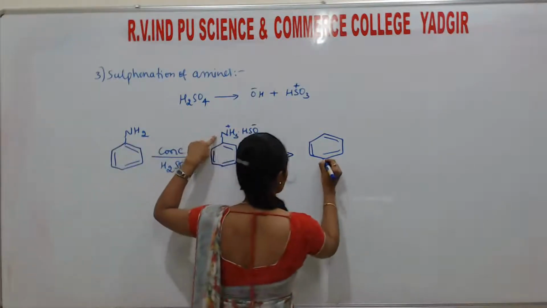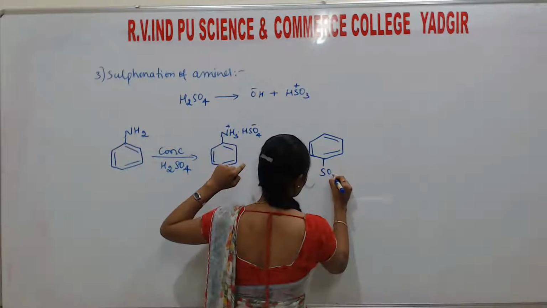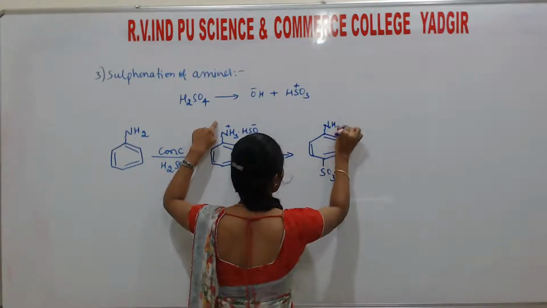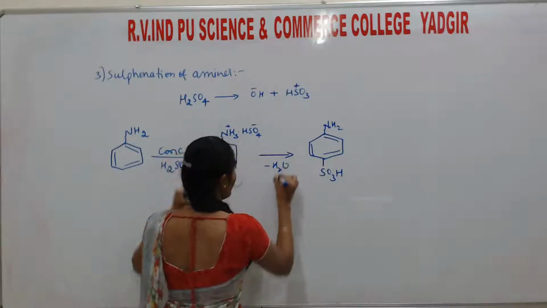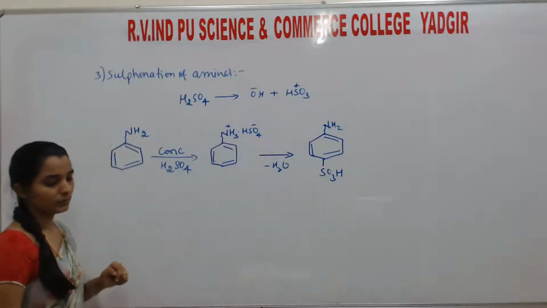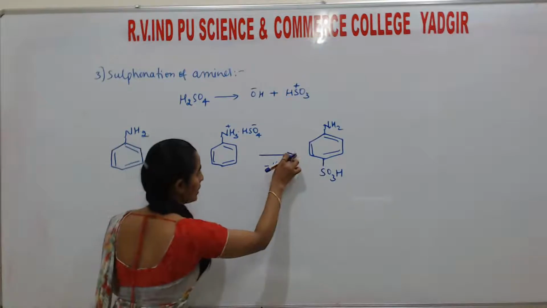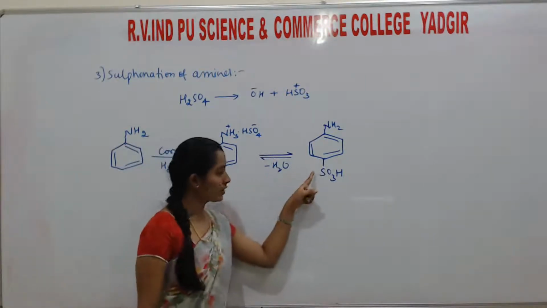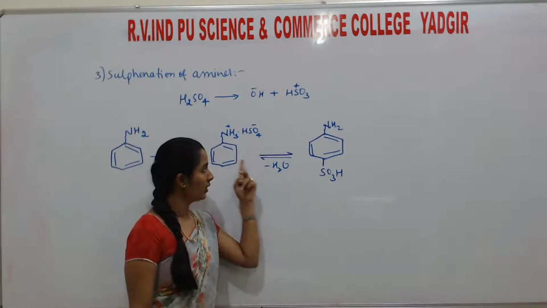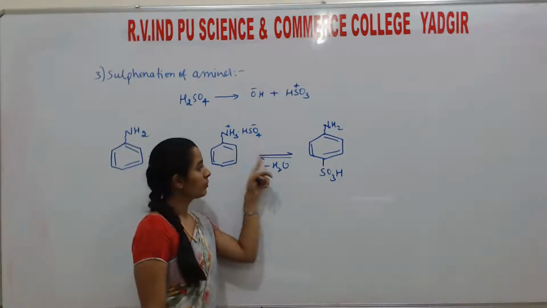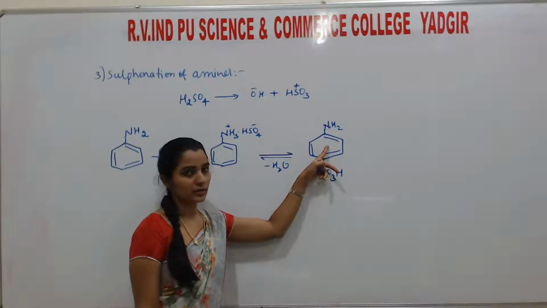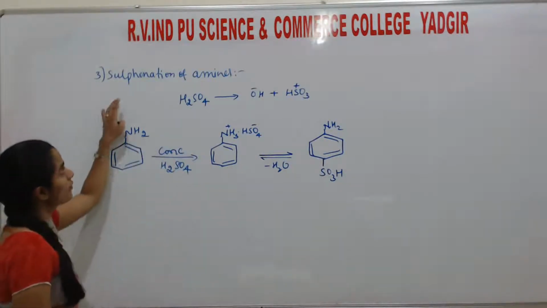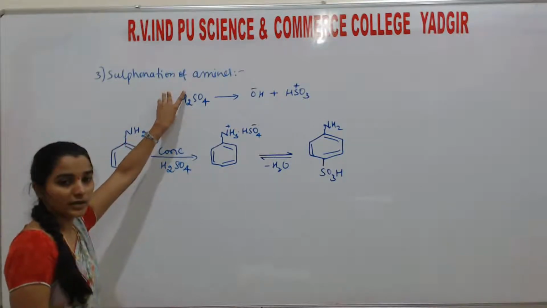So listen, this one is SO3H and this one is NH2, by the removal of the water molecule. This may be a reversible reaction. If we add water, it changes like this. If we remove water, it changes like this. Understand? So this is a reversible reaction. This is the sulfonation of amines.